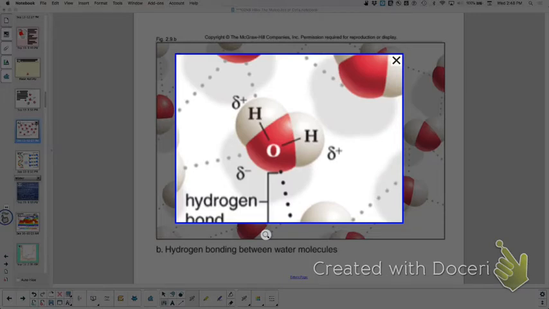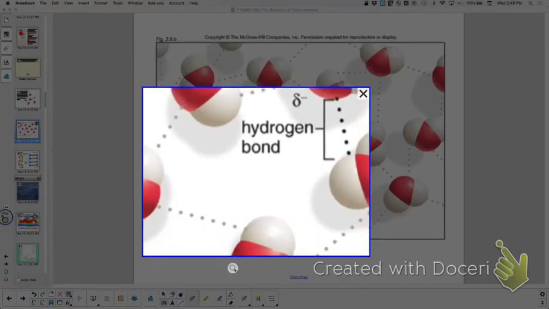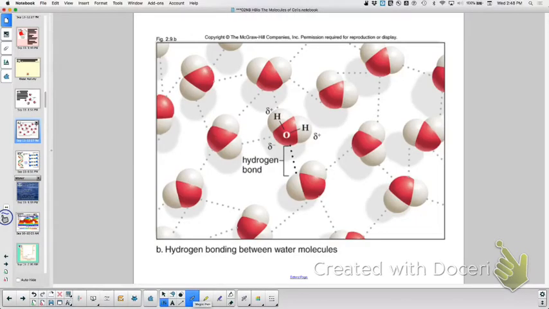Those are sharing electrons unfairly, that's a polar covalent bond. As a result, you have some partial charges on water molecules, and you have a whole bunch of water molecules with all of their partial charges. So an oxygen's partial negative charge is going to be attracted to a different water molecule's partial positive.